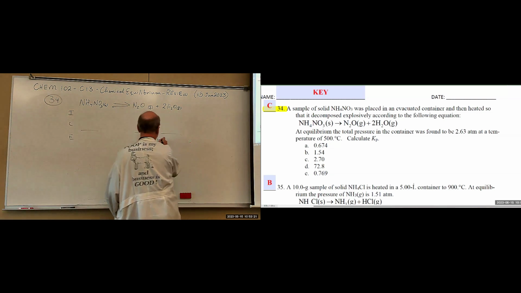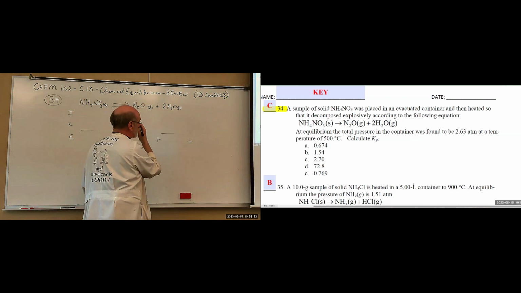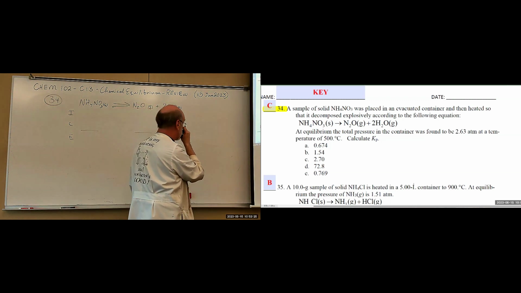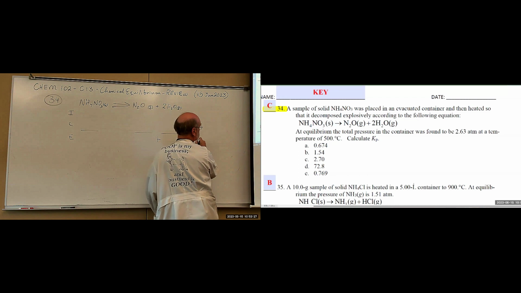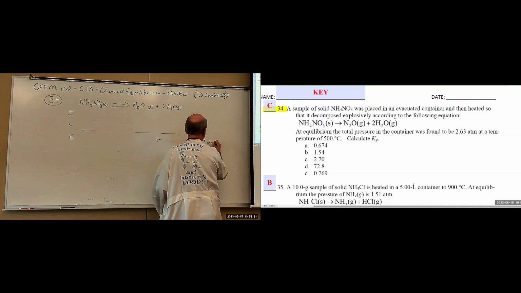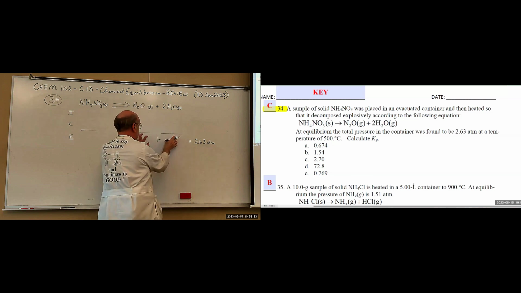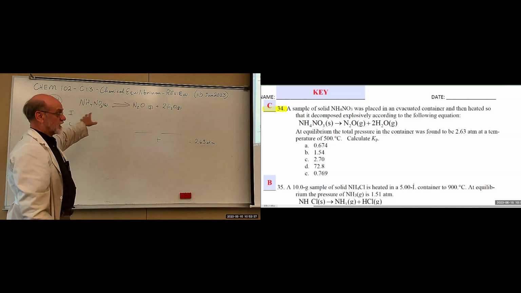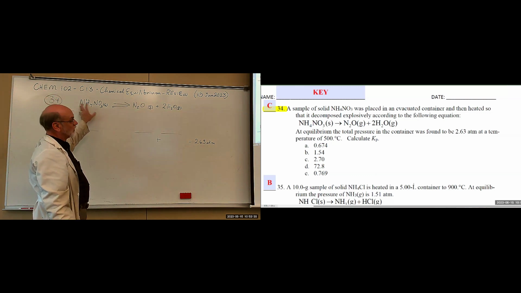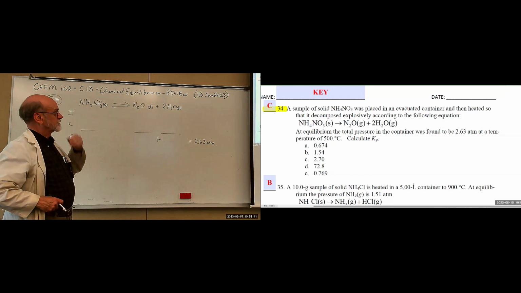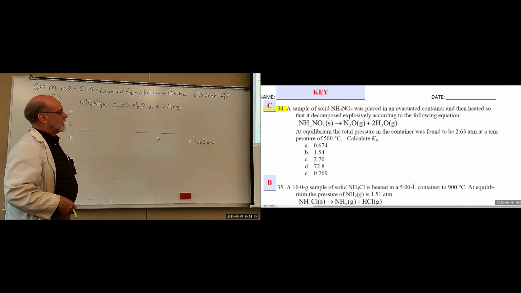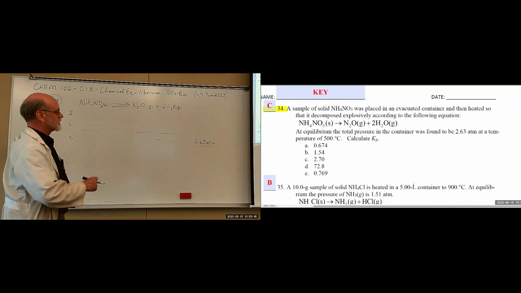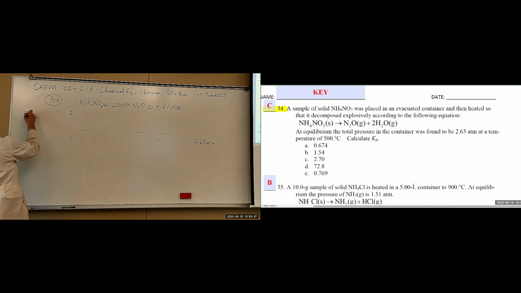We only need to add these two if we're calculating pressures. It is 2.63 atmospheres, the total pressure of this one plus that one. Because that's a solid, it may not even be there. It might have all decomposed. And the temperature is 500 degrees.